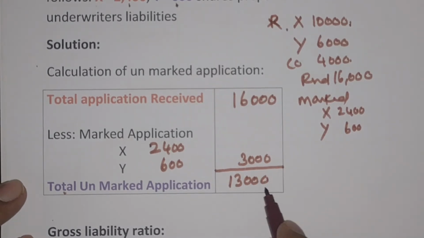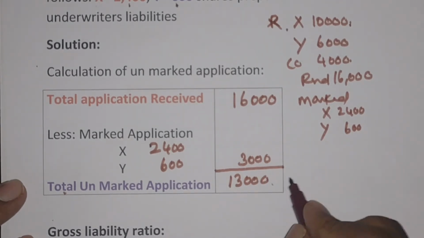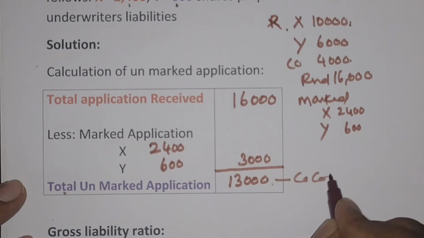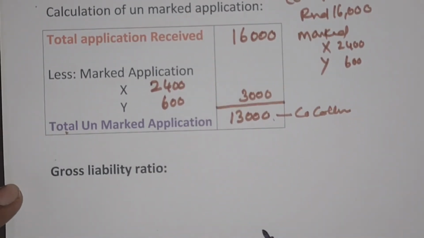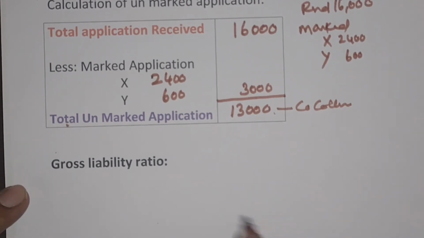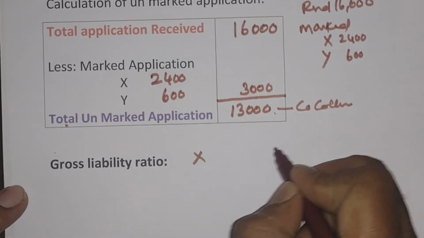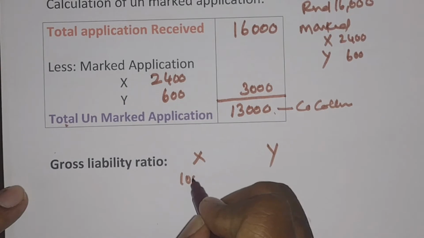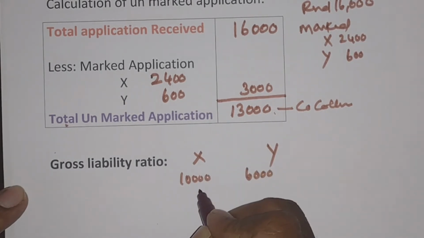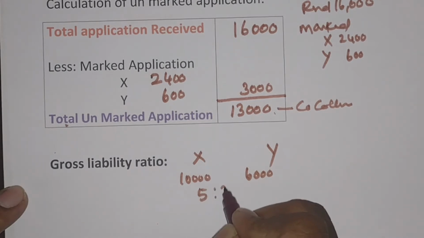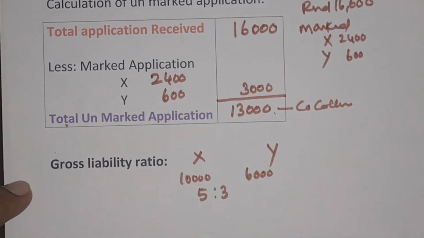This unmarked application is taken directly to the company column. Now coming to the gross liability ratio. For X and Y, 10,000 shares and 6,000 shares, it is a 5:3 ratio.